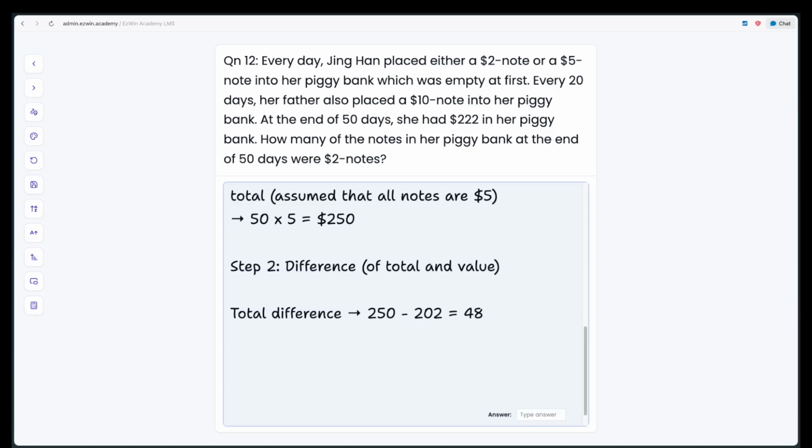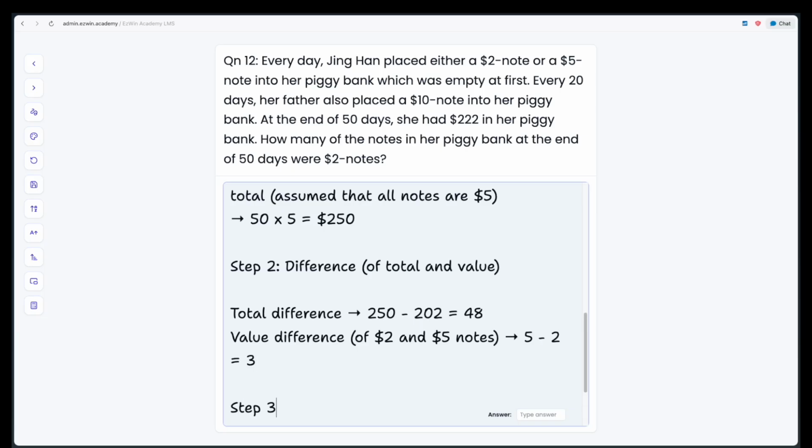Then the value difference of $2 and $5 notes is, let me put the bracket here, 5 minus 2, which gives us 3.